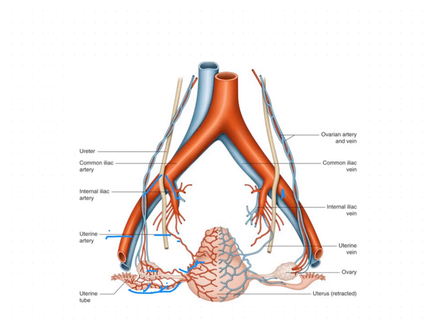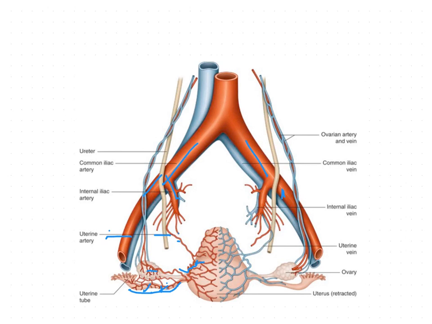If you see the right common iliac artery, this is the right common iliac artery and this is the left common iliac artery. The right common iliac artery passes in front of the commencement of the inferior vena cava.